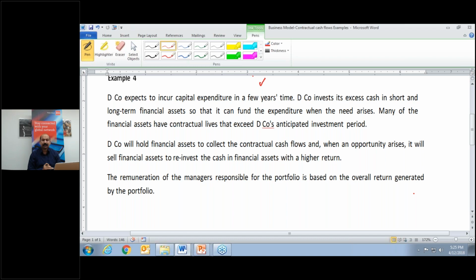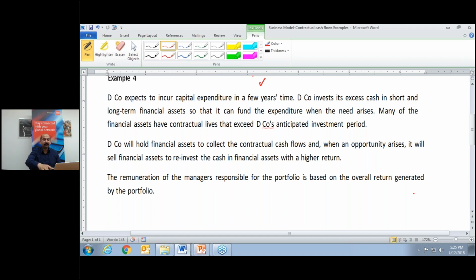When the investments mature, E company reinvests the cash in new short-term financial assets. E company maintains this strategy until the funds are needed, at which time E company uses the proceeds from the maturing financial assets to fund the capital expenditure. Only sales that are insignificant in value occur before maturity, unless there is an increase in credit risk.